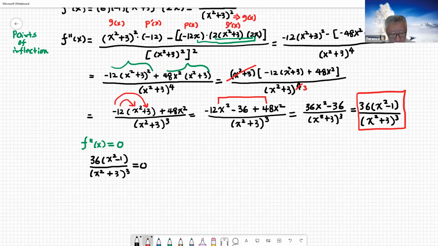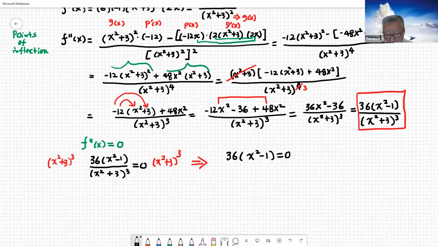Now if you multiply both sides by (x squared plus 3) to the cube, then what you're going to end up with is 36 times (x squared minus 1) equal to 0. Because if you multiply (x squared plus 3) to the cube by 0, you get 0 anyway. And on the left-hand side, you can just cancel those out.